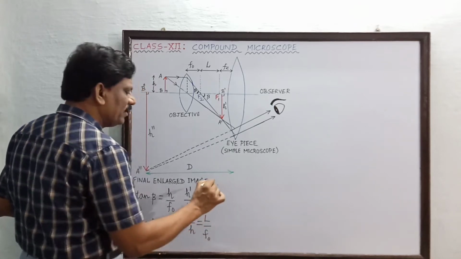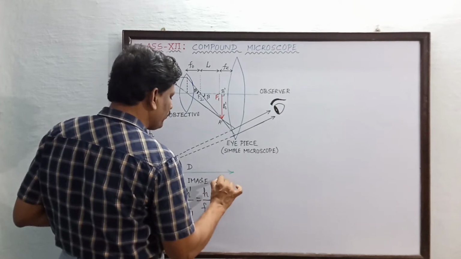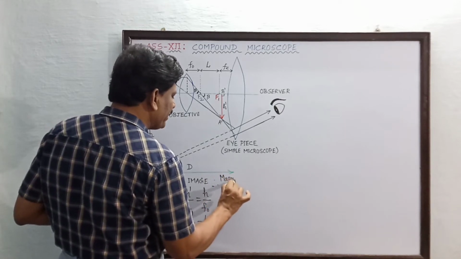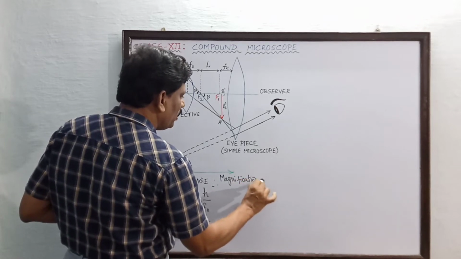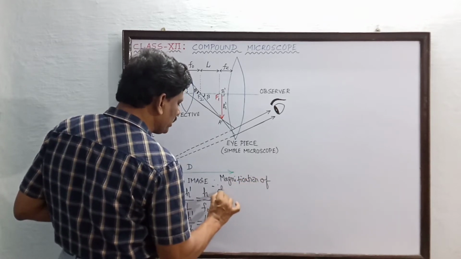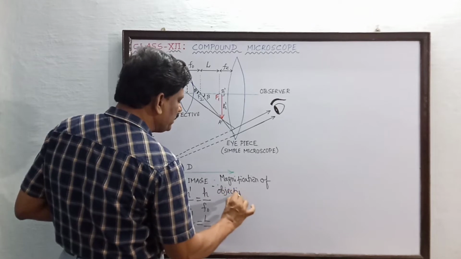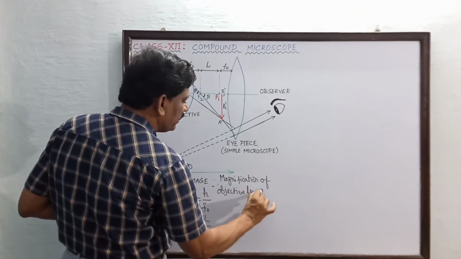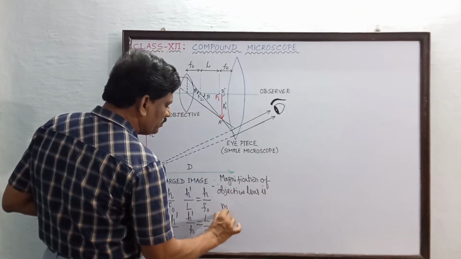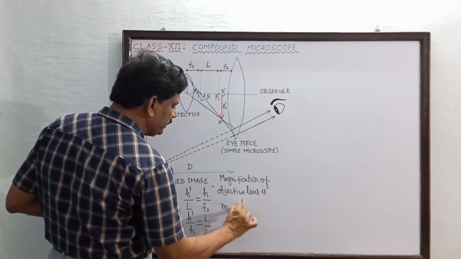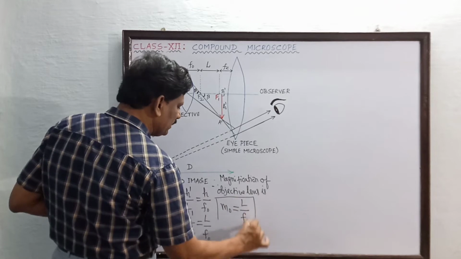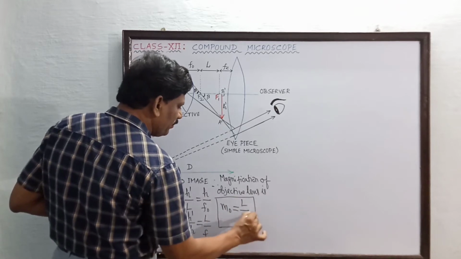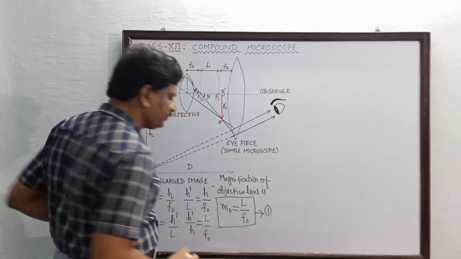Therefore, the magnification of the objective lens is M objective is equal to L divided by F naught. This is one of the main equations.